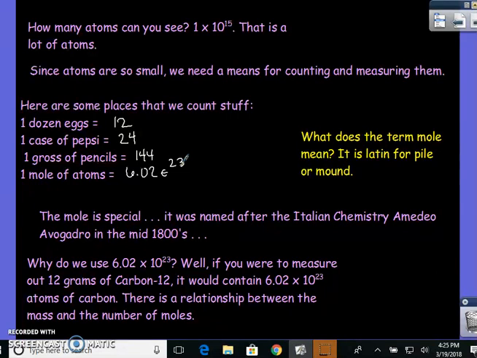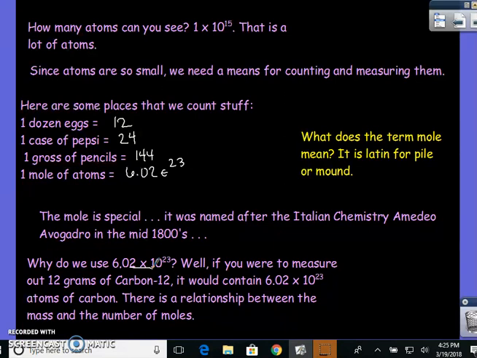It was named after this Italian chemistry aficionado, Amedeo Avogadro, in the mid-1800s. And then everybody always asks the question, why do we use this number, 6.02 times 10 to the 23rd?